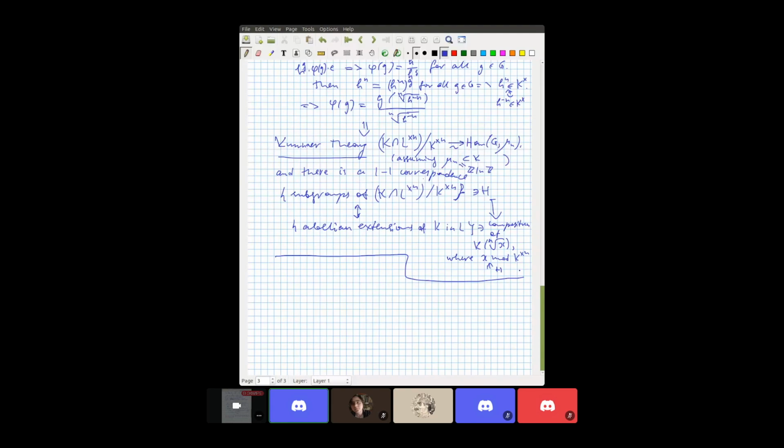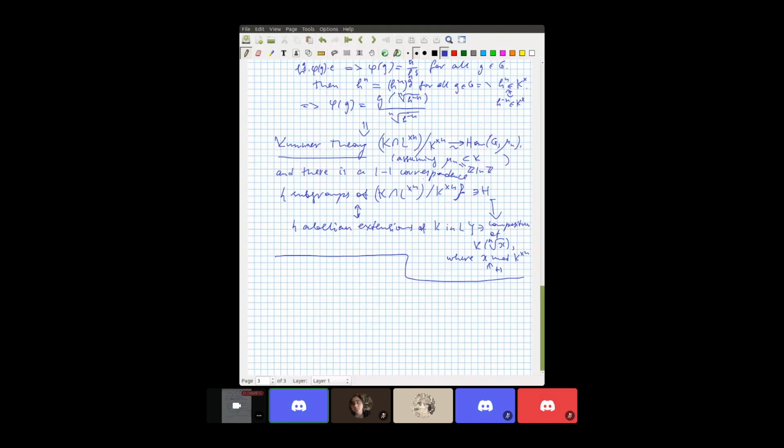Okay, now you might ask what. So you see, we cannot get this way certain abelian extensions, even if our base field K is big enough.